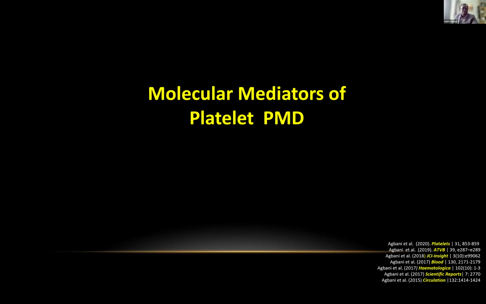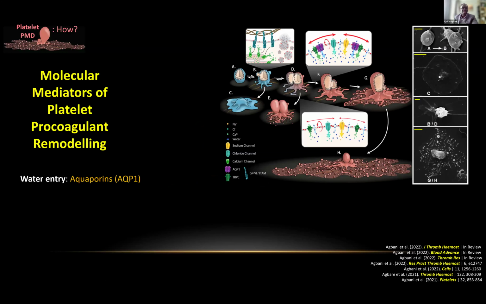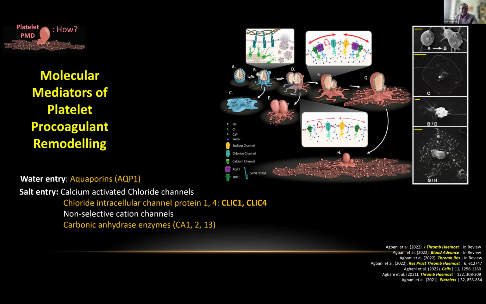On the subject of the molecular mediators of platelet PMD, is it only alpha-41 as we discussed earlier? We know that for water to go into the platelet during that process, alpha-41 plays a key role. We've gone ahead to examine other potential molecular targets. We've seen that for salt entry, the calcium-activated platelet channel is important.